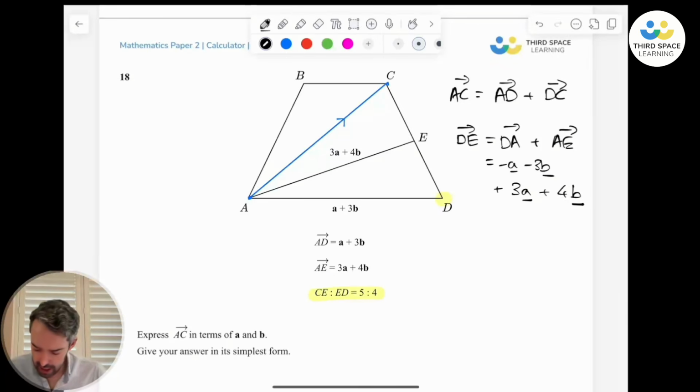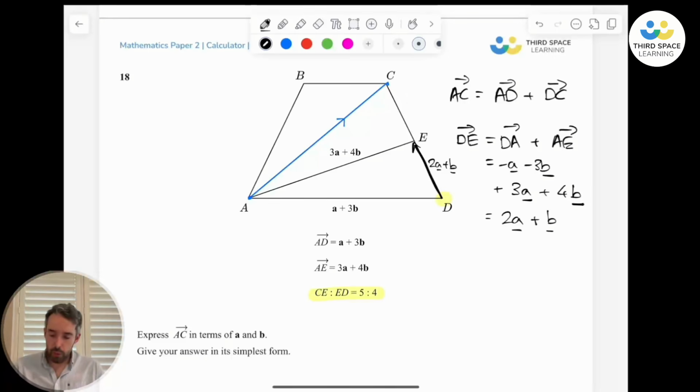Let's simplify that. Negative a add 3a is going to be 2a, and then negative 3b add 4b is going to be positive b. So we know that this part from here to here is 2a plus b.